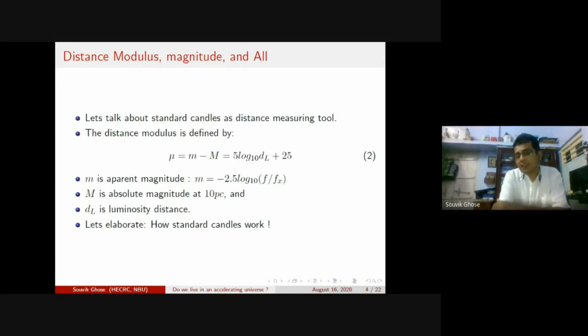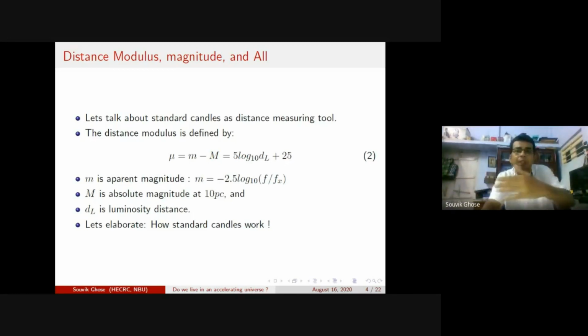What is a standard candle? A standard candle is basically a bright object, and we expect it has to be a very bright object because we are expecting to measure very distant sources of light, where standard methods of parallax and so on are not much used. So these are very bright objects with a standard luminosity. That in turn helps us identify that object as a type 1a supernova from the light curve.